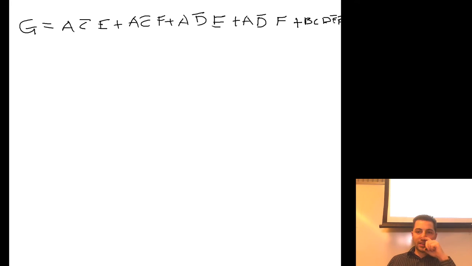Okay, I squeezed it in there just a little bit. So that's B, C, D, E bar, F bar. What is our initial gate input cost?